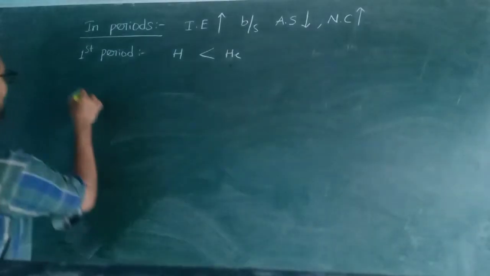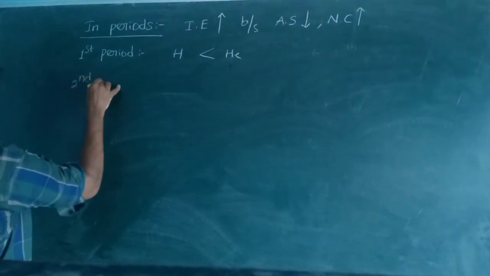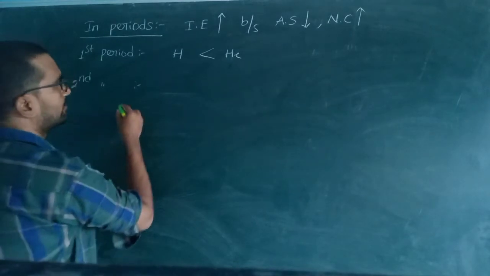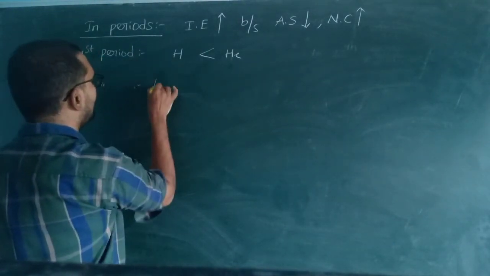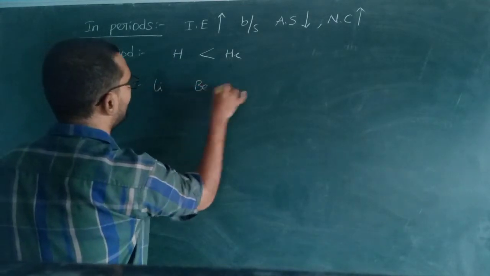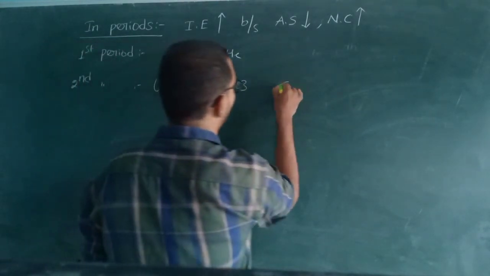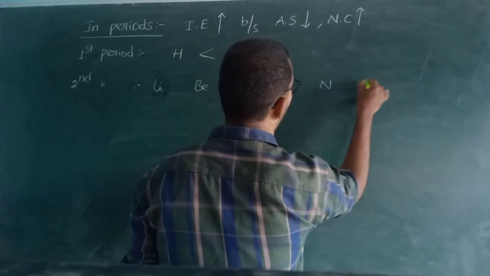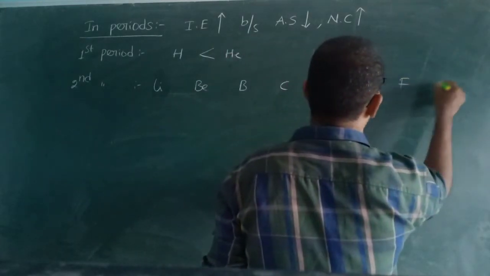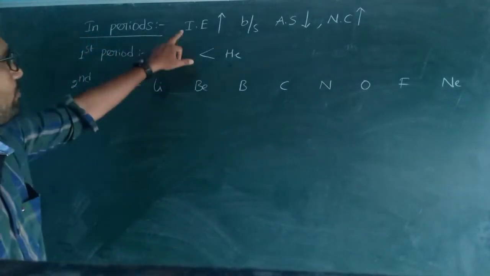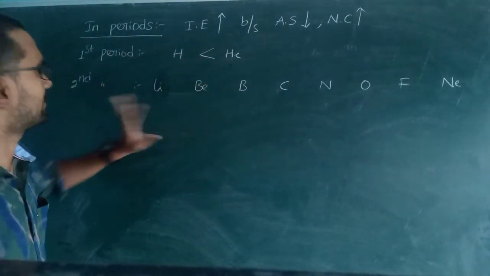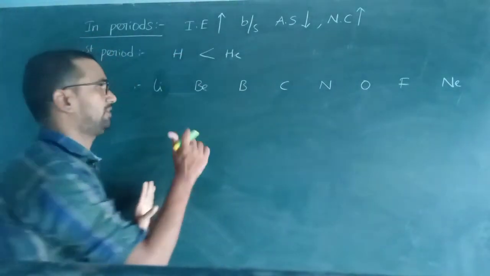Right, come to the second period. What are the second period elements? Lithium, beryllium, boron, carbon, nitrogen, oxygen, fluorine, neon. According to this, ionization energy increases from left to right.